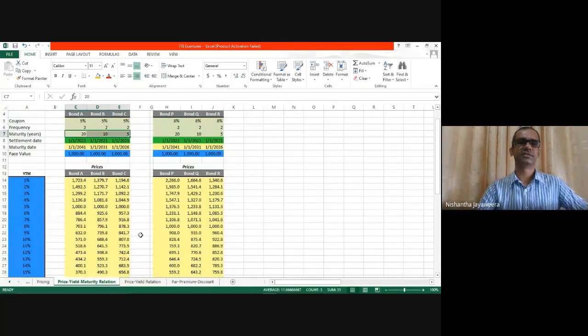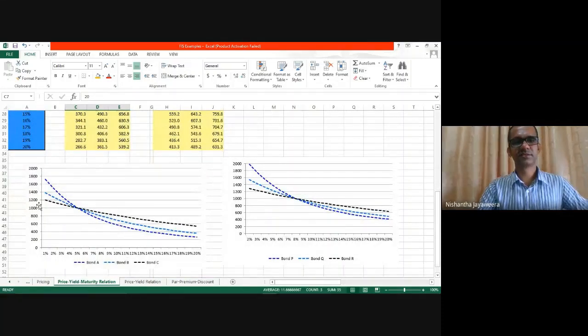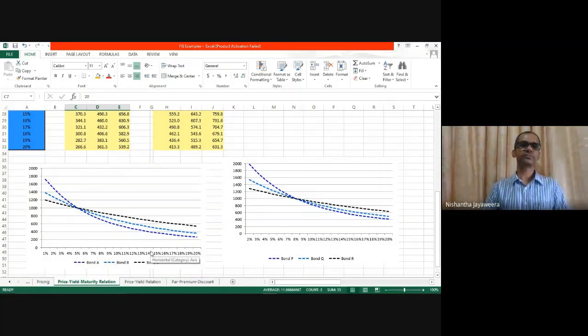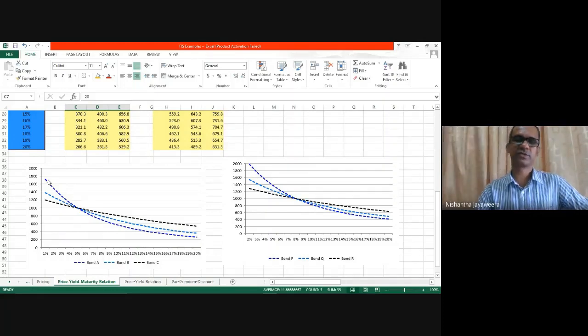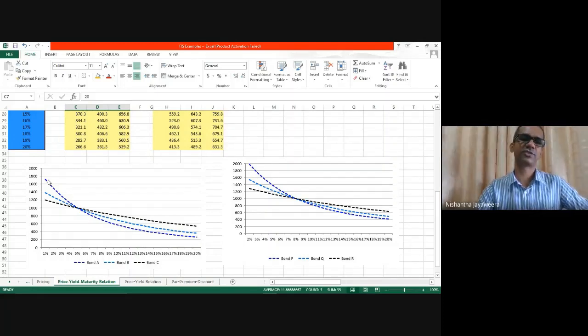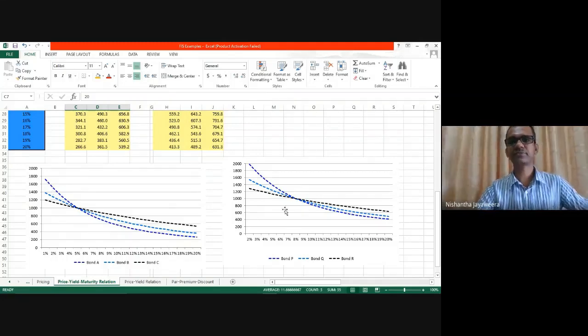You can see it here. So that's the shape. When the bond has a longer maturity, the curvature increases.